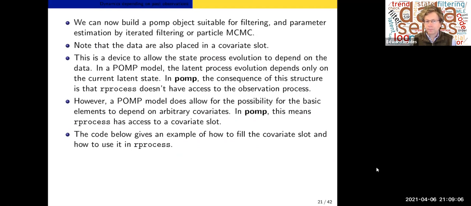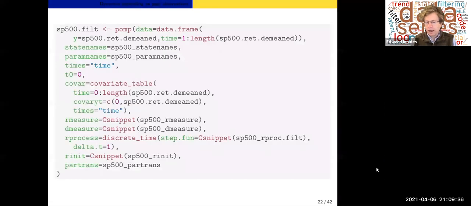And so I think this is basically what I was explaining before about how we use the covariate slot to insert the data where we need it in our process. And so now we just have to go through the mechanics of putting the data into the covariate slot. And so here we go.